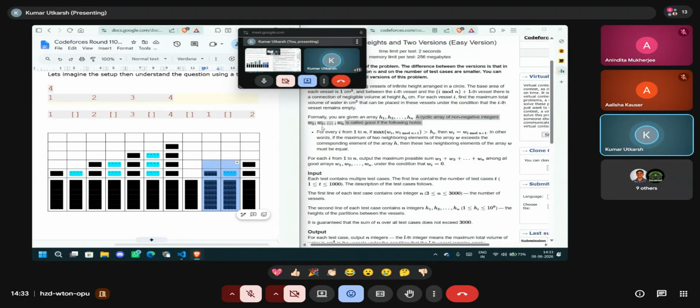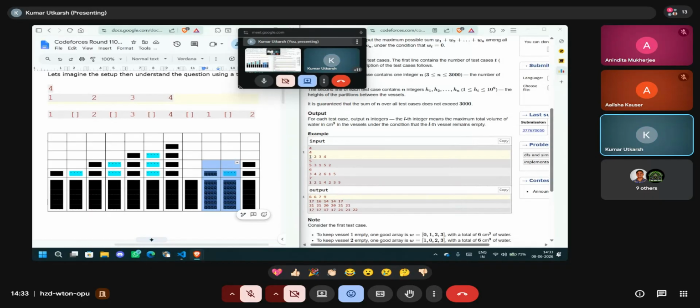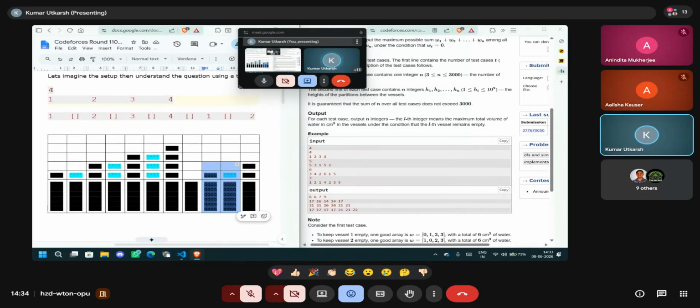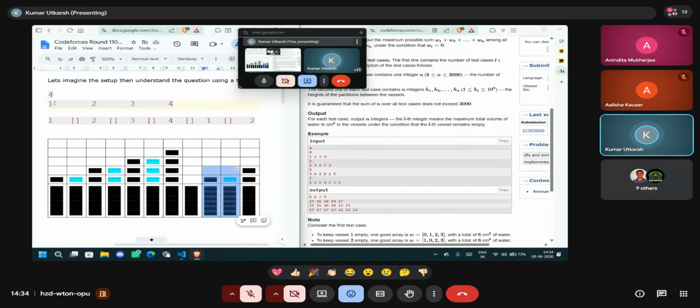So what we are given as the first sample test case is 4, 1, 2, 3, 4, right? Let's imagine the setup with this. We are given 4 towers. This is tower 1. This is tower 2. This is tower 3. This is tower 4. This is not the fifth tower. This is again the first tower.